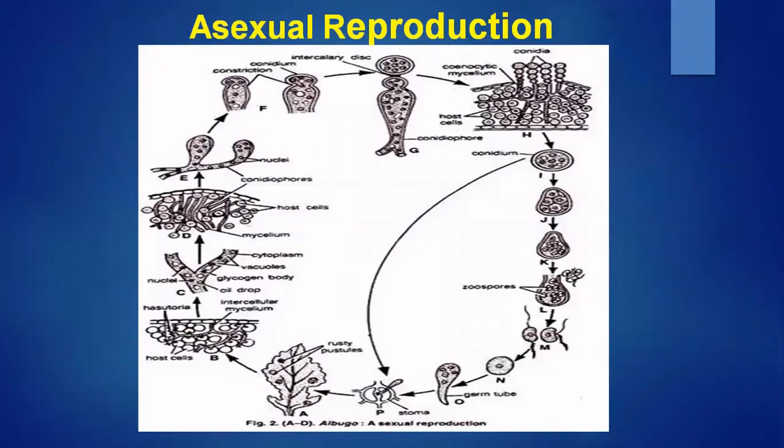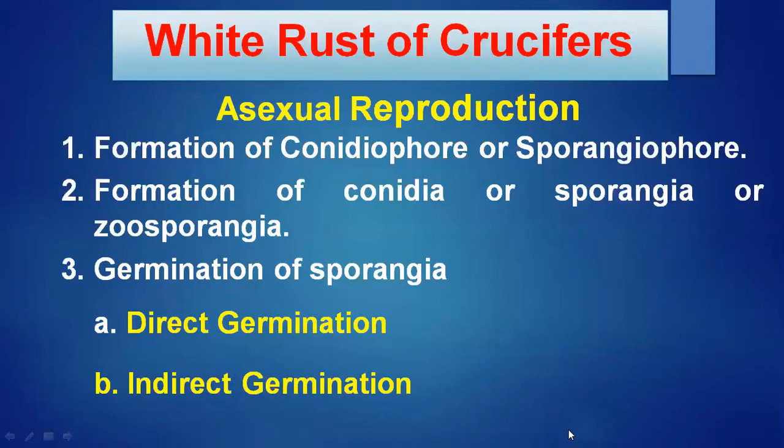In this picture, this is complete asexual reproduction in Albugo. So what is the first step? The first step is formation of conidiophore or sporangiophore. For this, Albugo, the fungus, has to enter into the host tissue. After entering into the host tissue, it develops an intercellular mycelium.